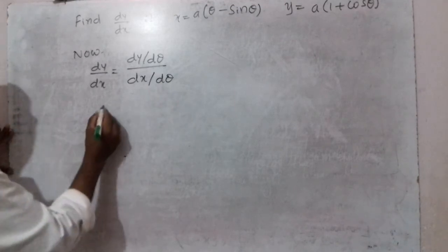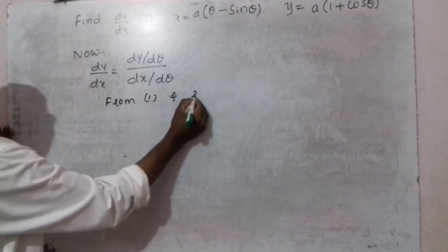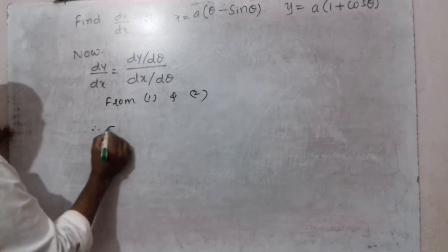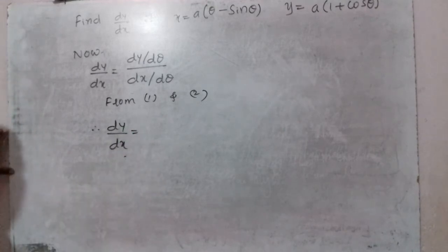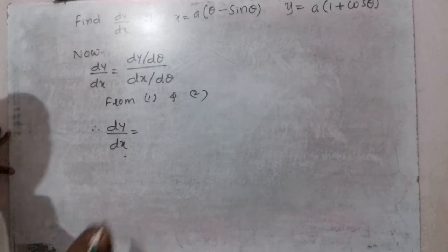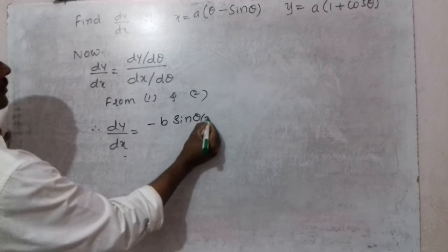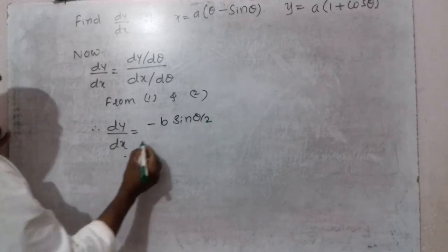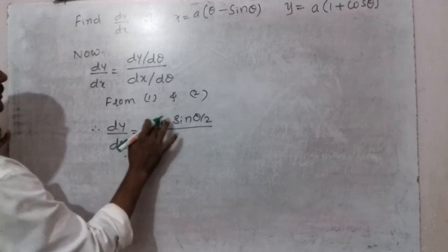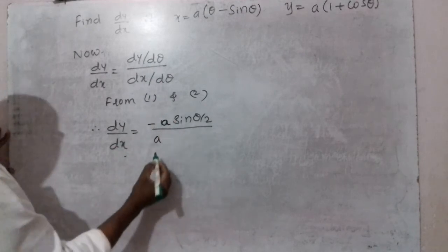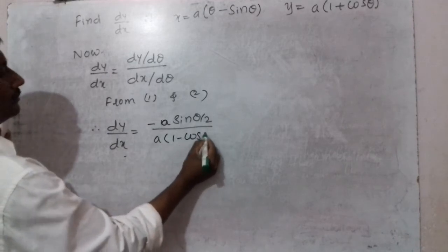Substitute from 1 and 2. dy by dx equals minus a sin theta divided by a into 1 minus cos theta.